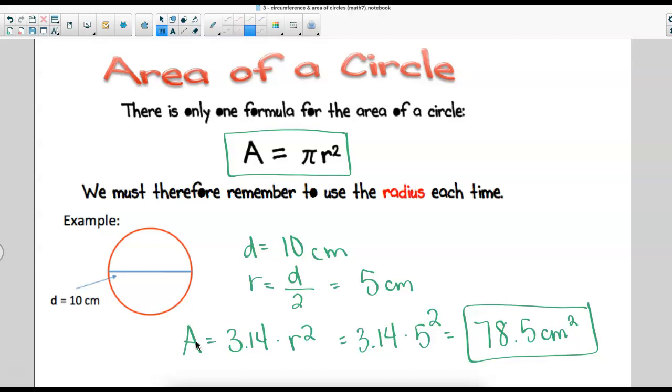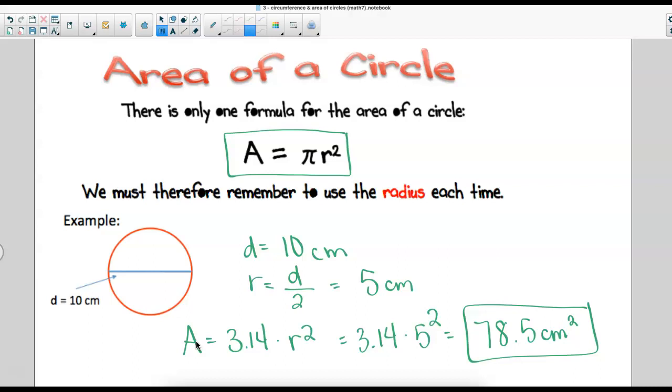Where do I find the square root button on this? You're not doing square root. We're squaring. It's right here. It says x squared. See where it says x squared? That's the button. So you do 5, hit that button, hit equals, times 3.14.